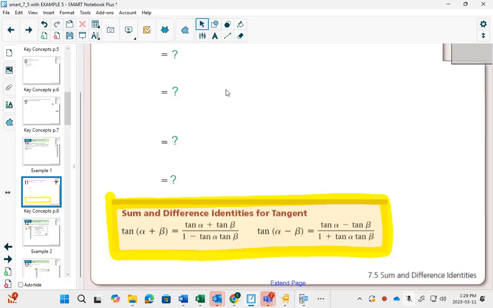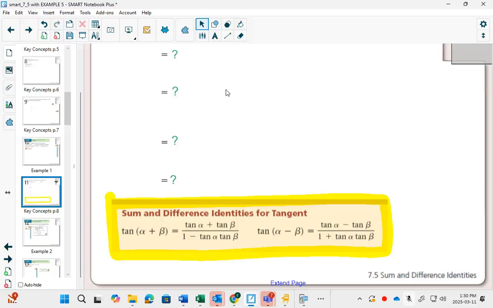So technically, you don't have to have them memorized. But I'll tell you that you won't be able to use them unless you have them mostly memorized. By mostly memorized, I want you to have in your head that if you see a fraction with a bunch of tangents, you should say, wait a minute, maybe I should look at my formula sheet.